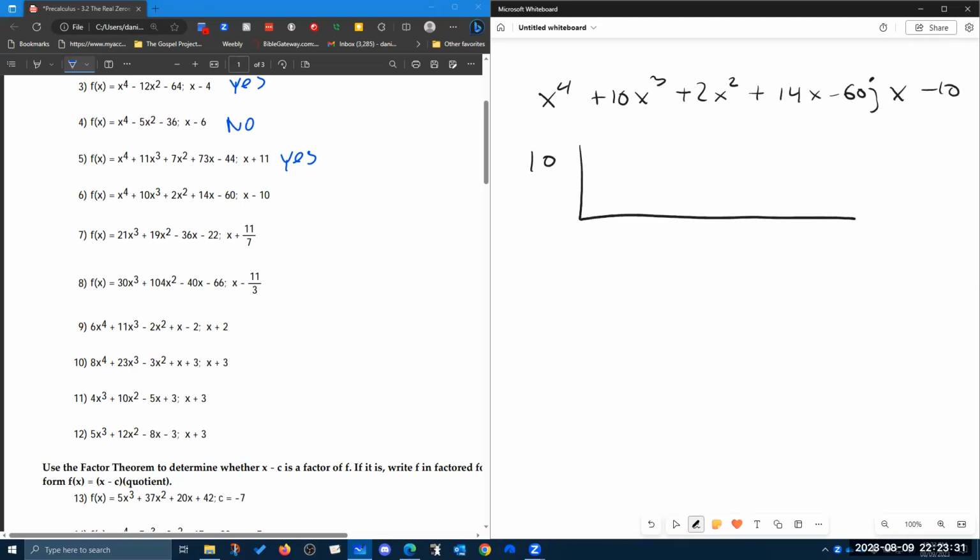Ten is going to be our 0, 1, 10, 2, 14, -60.